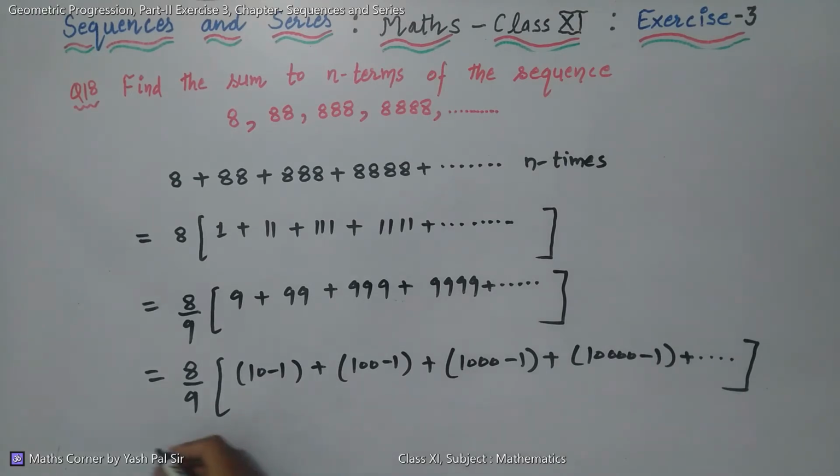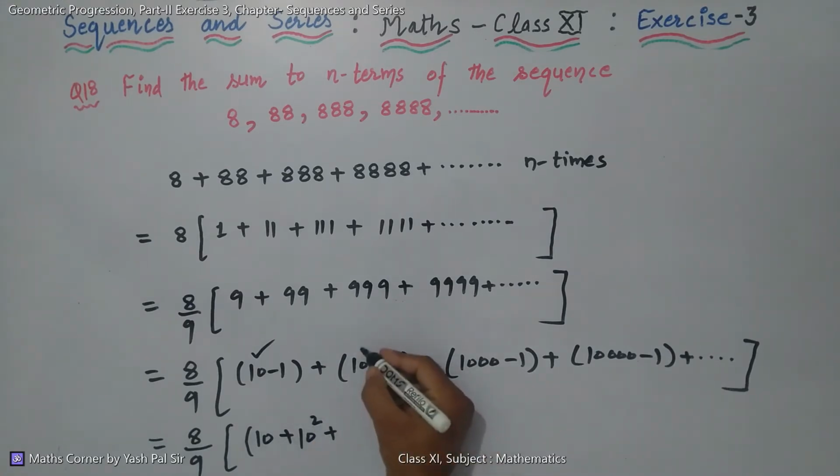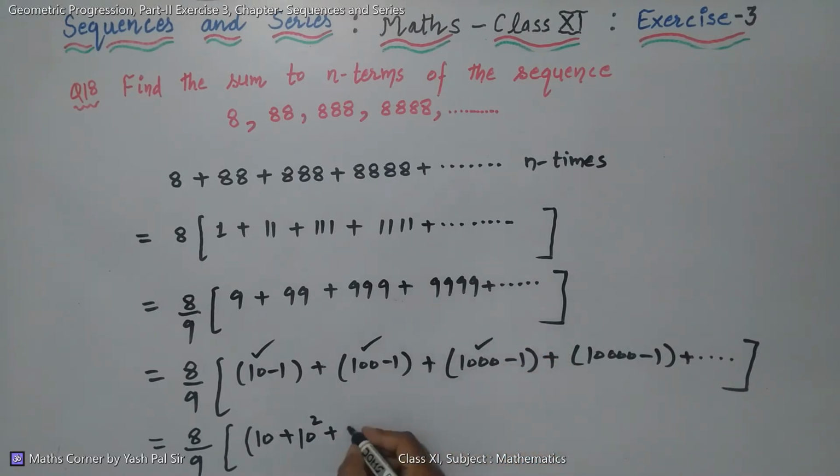Right? In the next step, we write here 8 upon 9. We make two brackets. The first bracket contains the first terms: 10 plus 100, meaning 10 square, 1000, meaning 10 raised to power 3, plus 10,000, meaning 10 raised to power 4 and so on.